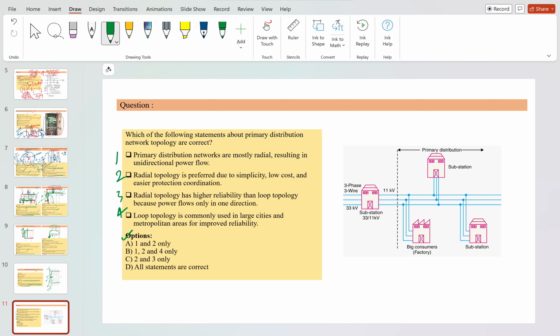Try to solve that. Okay, I got one answer as A, B also I got.